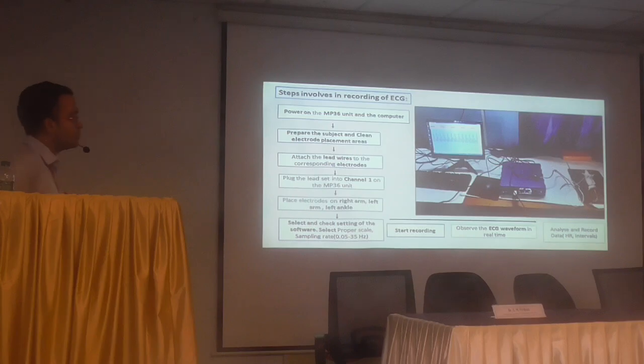The ground electrode's function: if you are seeing the ECG graph, where there is no peak, that line is called the isoelectric line. In the isoelectric line, there should not be any kind of artifacts. Artifacts means any noise, which will appear as zigzag lines. So the ground electrode's function is to minimize that noise.